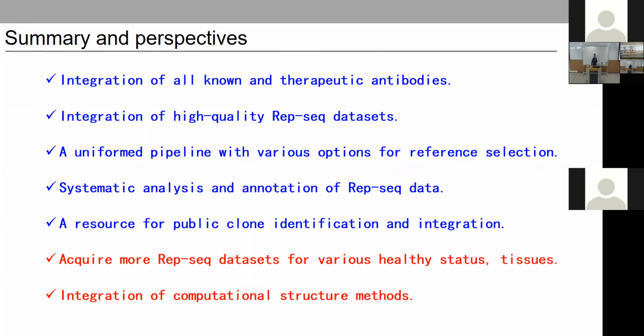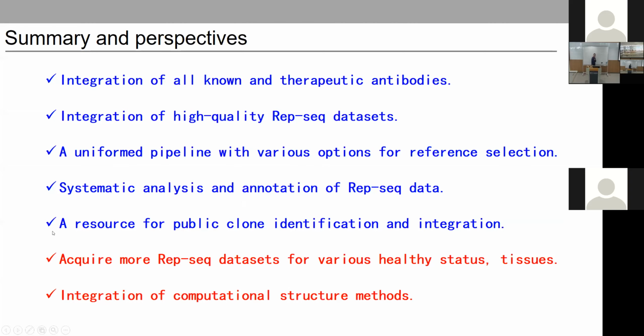To summarize, we have integrated known therapeutic antibodies and other known antibodies, and we also integrated high-quality Rep-seq data sets. We built a uniform pipeline with various options for reference selection, and we can perform systematic analysis and annotation for Rep-seq data.